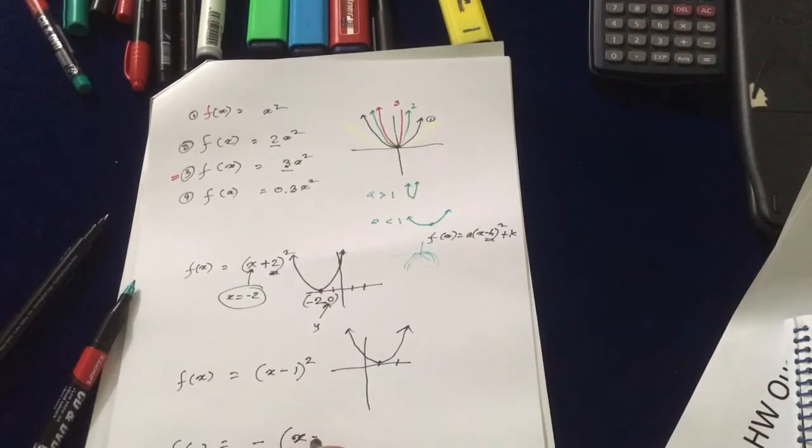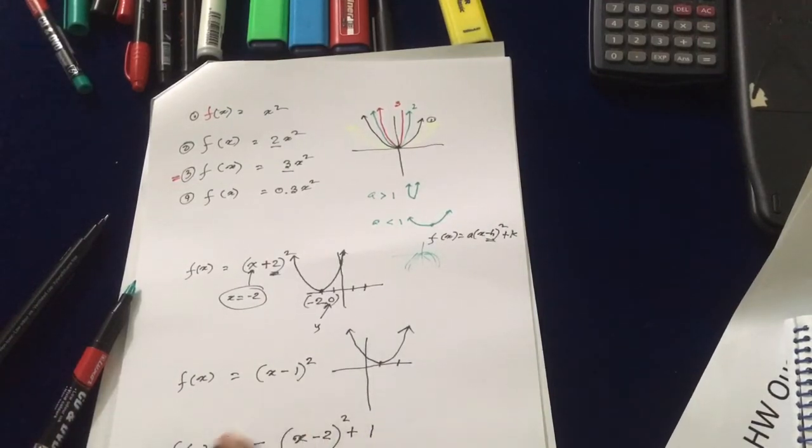Say minus 2 whole square plus 1. We can give some number here also. Let's say some number 5. What about this graph now?